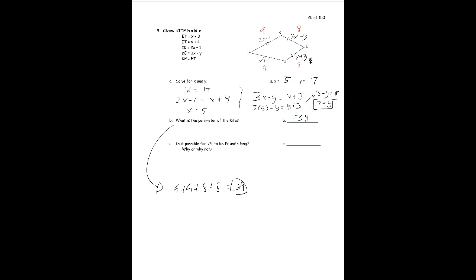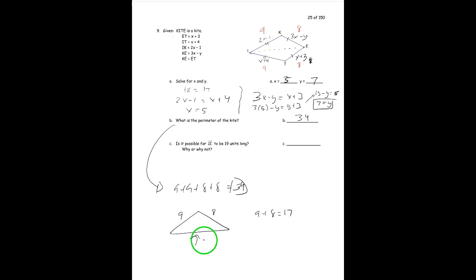And the question here is, is it possible for IE, the long diagonal of the kite, to be 19 units long? And here's where the triangle inequality theorem would come into play. So let's see, is this triangle possible? We have one side of the kite is 9, the other one is 8. Well, 9 plus 8 is 17.